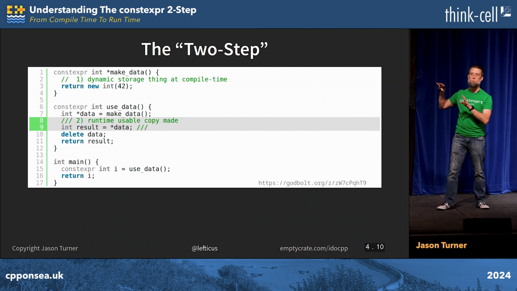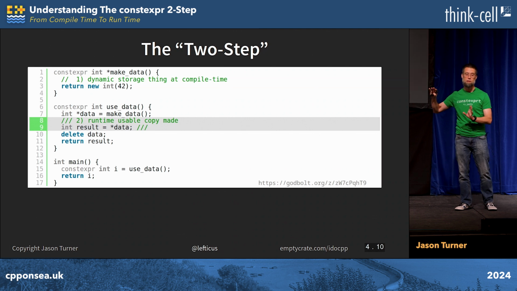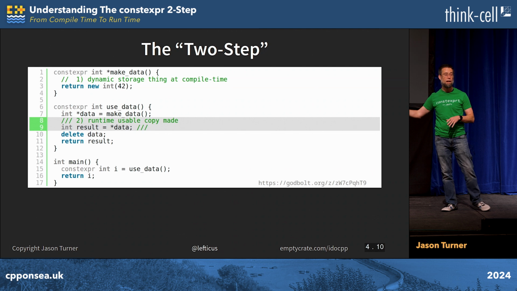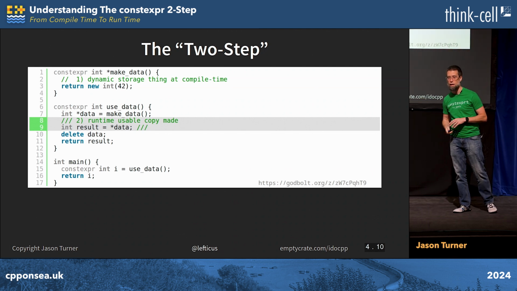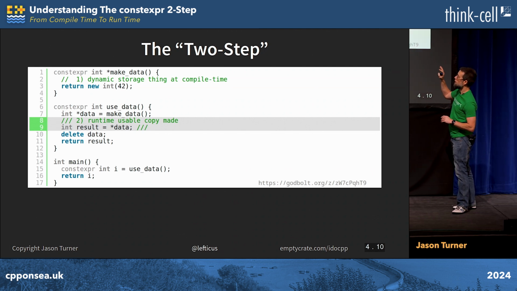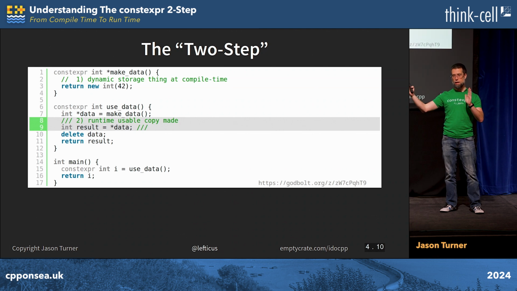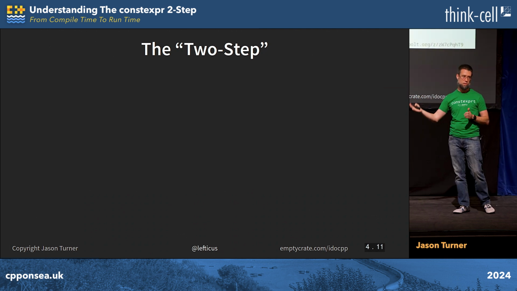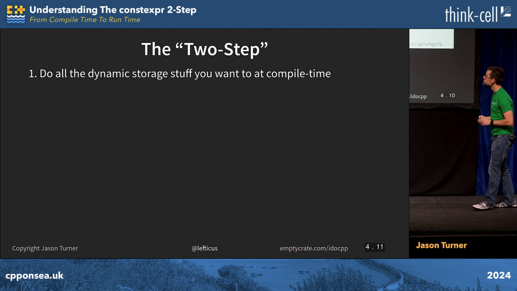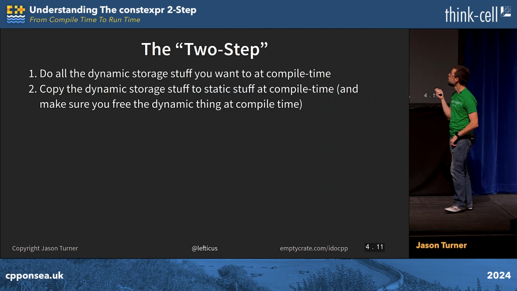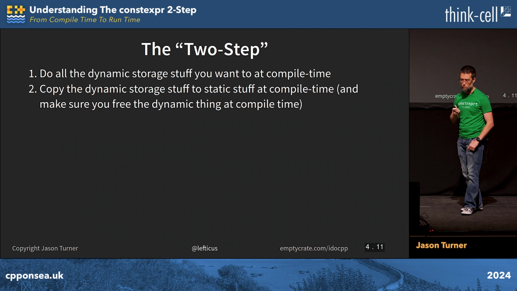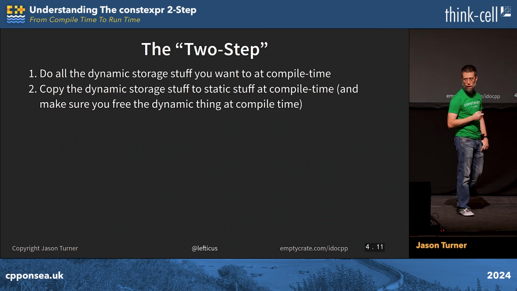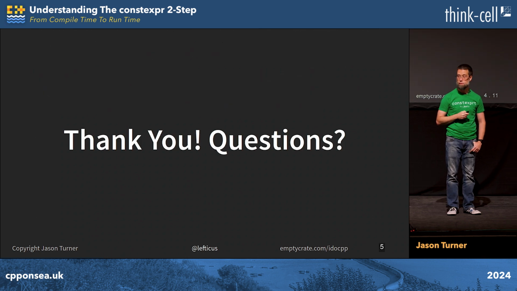By static, I don't necessarily mean static as in for the lifetime of the program, globally scoped static, but we will do that as well. But I mean like compile time sized known thing versus dynamically sized thing, all right? So that is it. Okay, so this is the constexpr two-step. We do all the dynamic stuff that we want to do at compile time, and then we copy that into statically sized things.